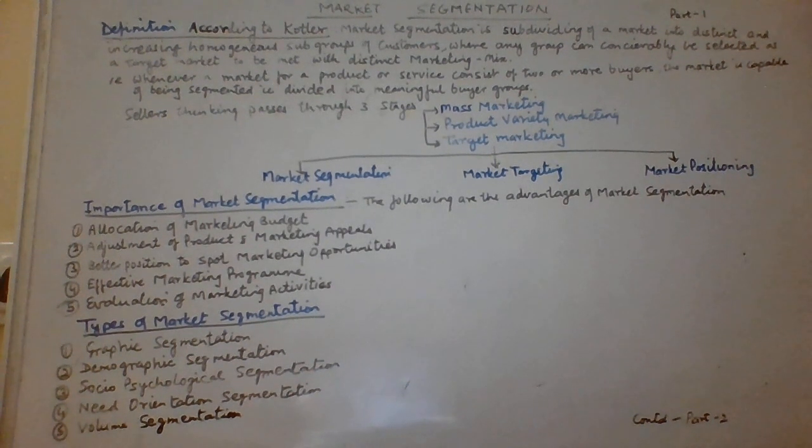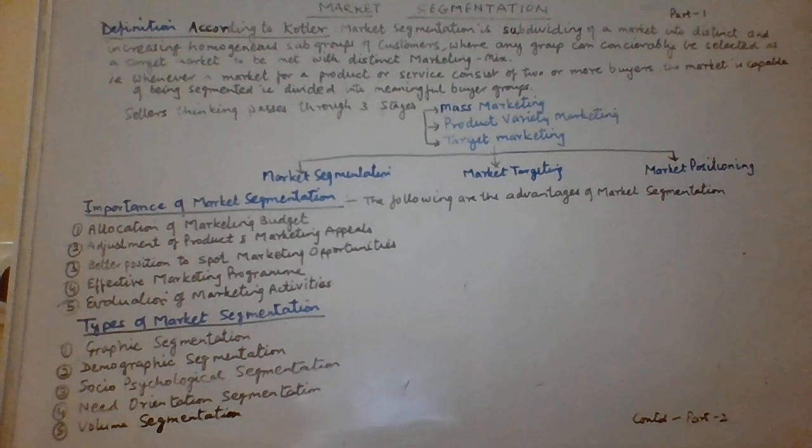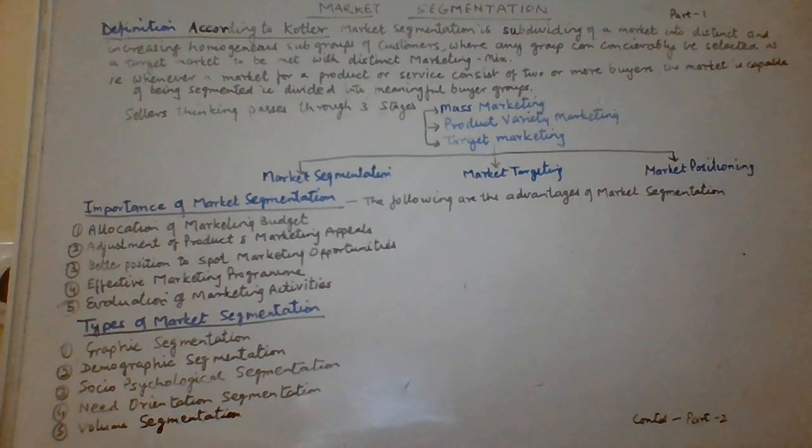When we divide and subdivide the market, the marketing manager has a choice to select either one or more of the different groups, because the marketing manager now knows that the different groups he has divided and subdivided are more or less homogeneous in nature, so that he may cater to the different requirements and needs of customers belonging to different groups. He selects one or more of them and develops products and marketing mixes tailored to each segment.